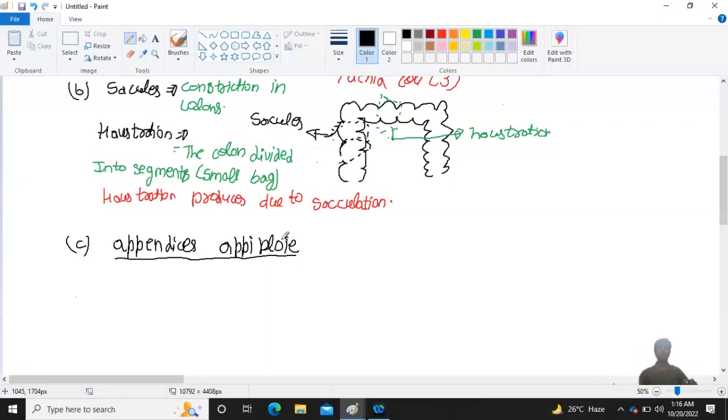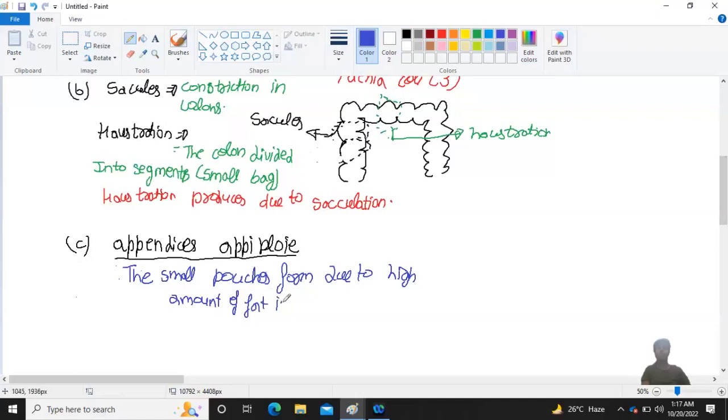These small pouches are called appendices epiploicae. The pouches form due to a high amount of fat in the large intestine.